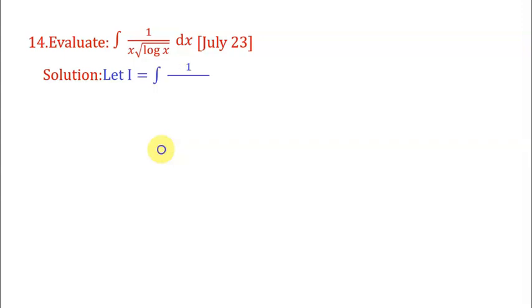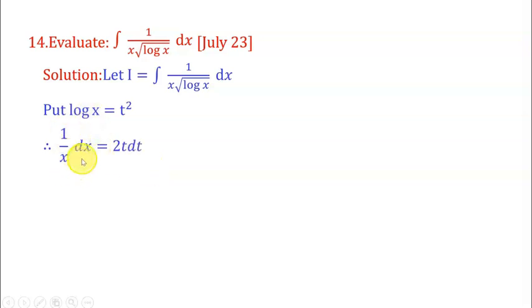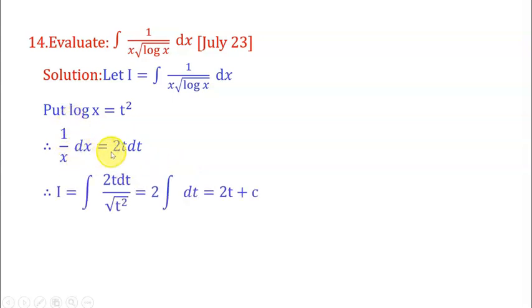Now next example. Evaluate integral 1 upon x into root of log of x dx. This example was asked in the July 23 examination. Now here let I is equal to integral 1 upon x into root of log of x dx. Now substitute log of x is equal to t square. Therefore the derivative of log of x, 1 upon x dx, is equal to 2t into dt. Now the value of 1 upon x dx is 2t into dt upon root of t square.